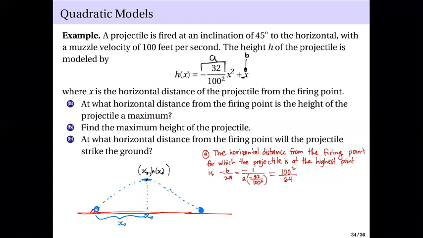So in fraction form with the lowest terms, you will have 625 over 4.